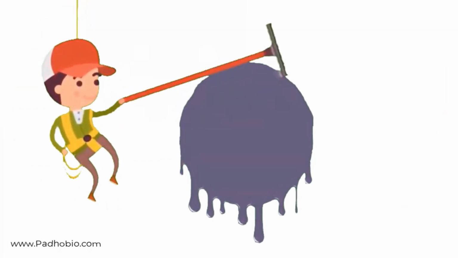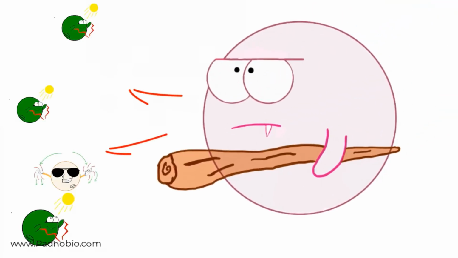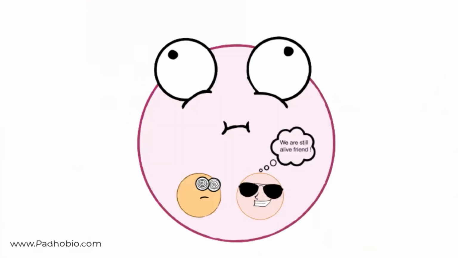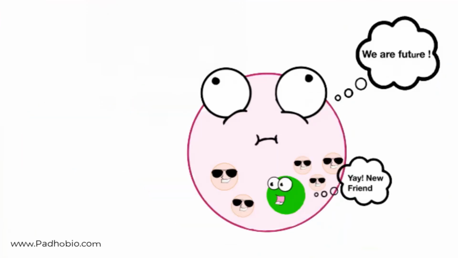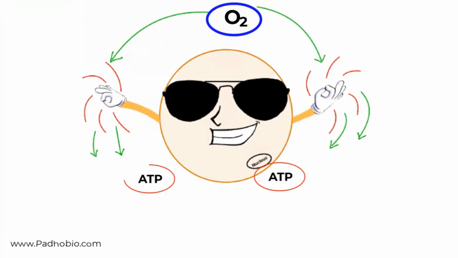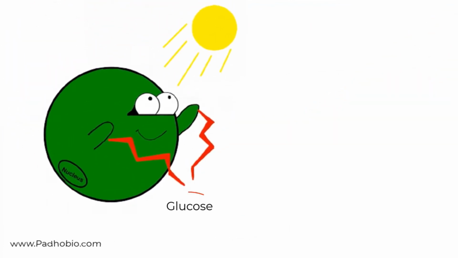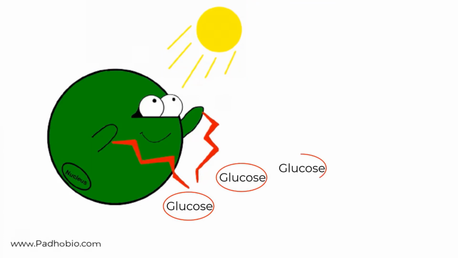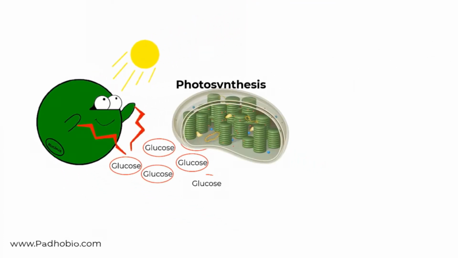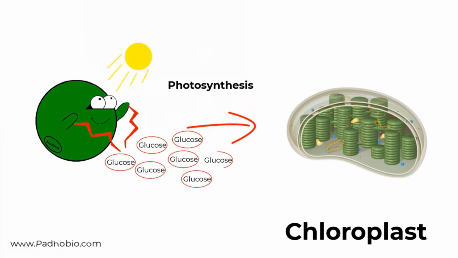The endosymbiotic theory is that some of these large cells engulfed some of these bacteria, some of which got digested and some of which remained intact. So they actually began to live as symbionts. The conclusion is that the bacteria that produce their own energy using oxygen are mitochondria, and the bacteria that use sunlight to produce their own food evolved into chloroplast. So from here, we know that plant cells have chloroplast, which is responsible for photosynthesis.